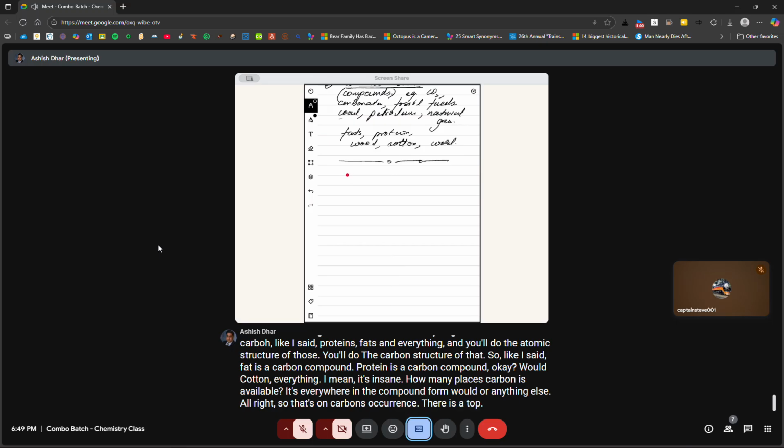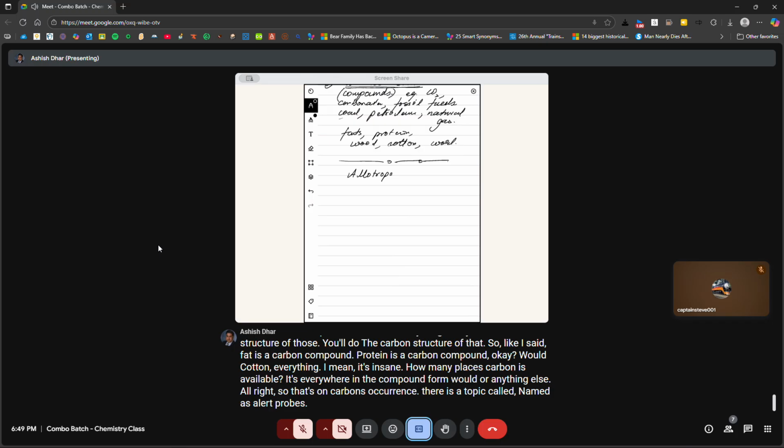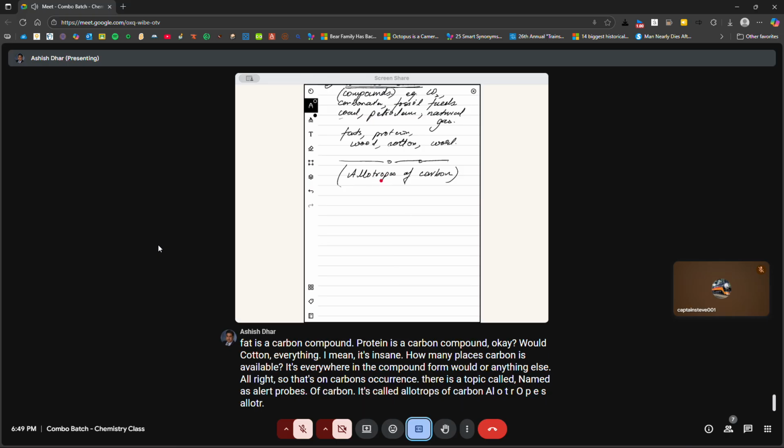There is a topic called allotropes of carbon. Allotropes, allotropes.